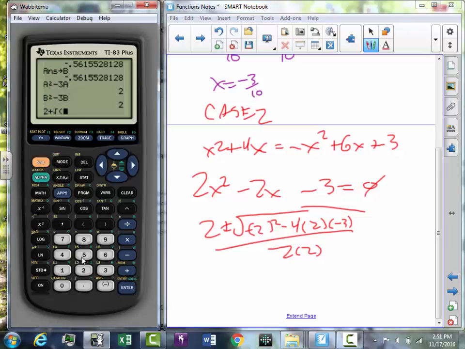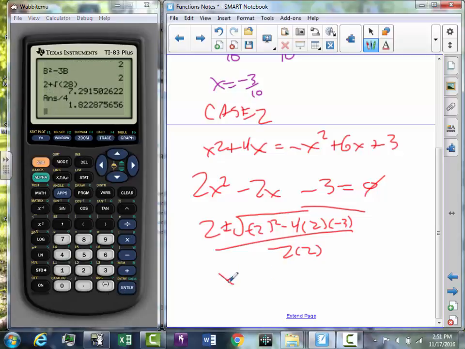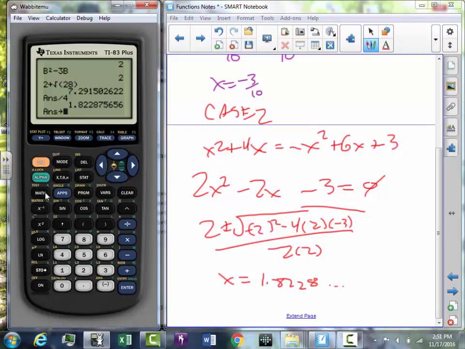2 plus the square root of, what's that, 4 plus 24? 28? Okay, so one of them I've got here is 1.8228 repeating, something like that. Again, I'm just going to store that to check my work a bit.